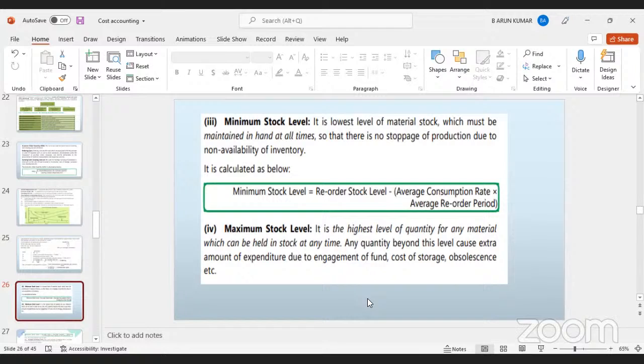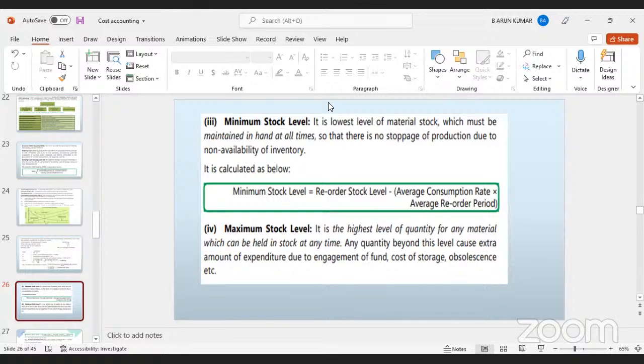For example, every month we require a thousand materials, and every day we use 100 quantity of materials. Here in the example, 100 is the minimum stock level.